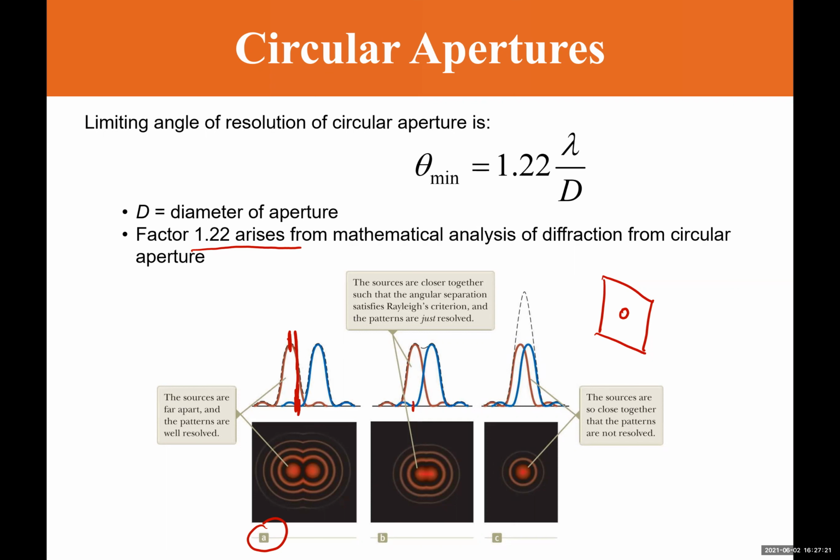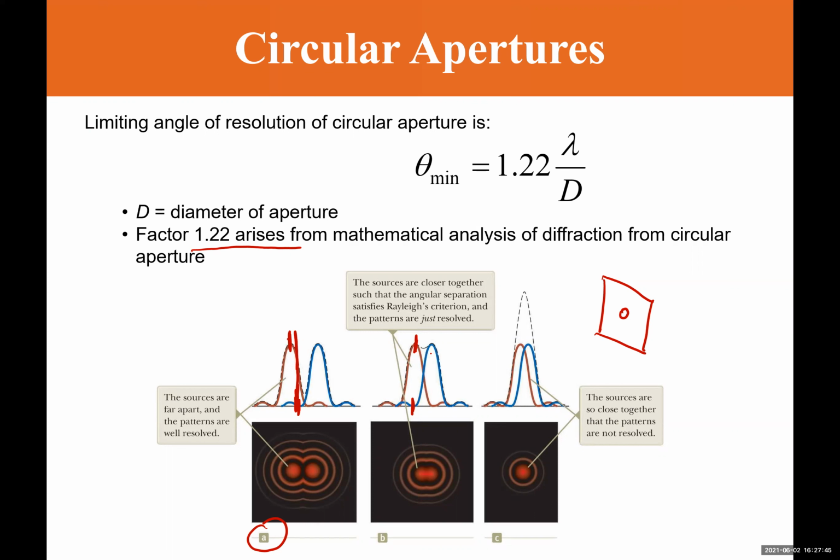Here, this is the dark spot, the first minimum of the blue wave. So then this is the red, where you can see that this is the minimum you can have, where the maximum of the red is right on top of the minimum of the blue.